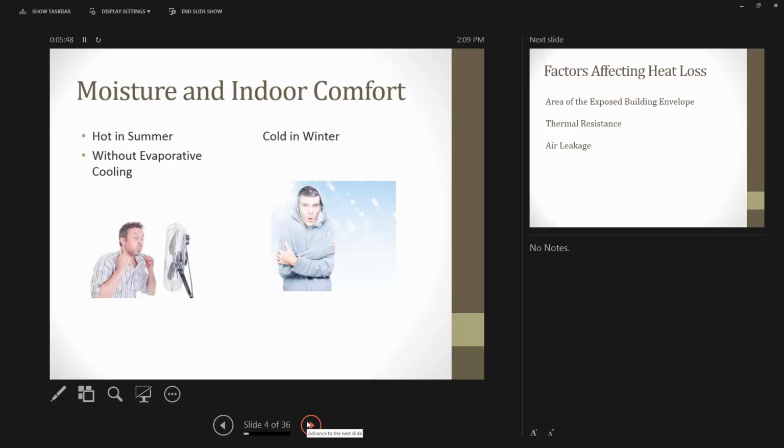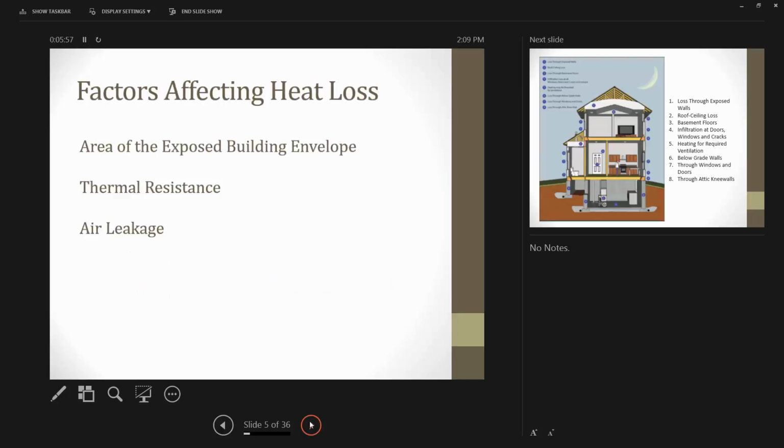So we'll go through and we'll get to moisture control in the end, but all of these things that we're talking about are designed to get the proper calculations and the proper load so that we can get the right heating system and cooling system designed so that we can provide proper occupant comfort. So it all starts with calculating heat loss and heat gain.